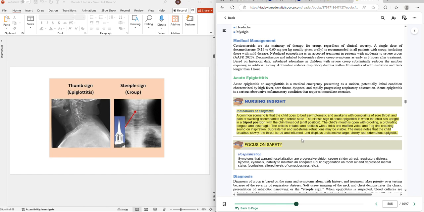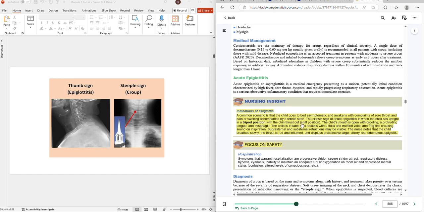Okay. So Wink and Lollipop, understand that a classic sign of acute epiglottitis is when the child sits upright in a tripod position, okay? With a chin thrust out, like the sniff position, like they're going to sniff their nose, okay? Breathe in.